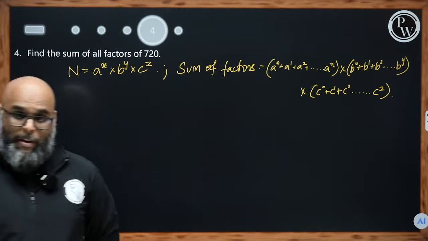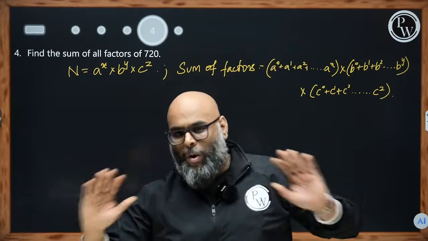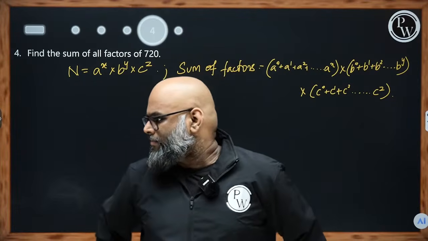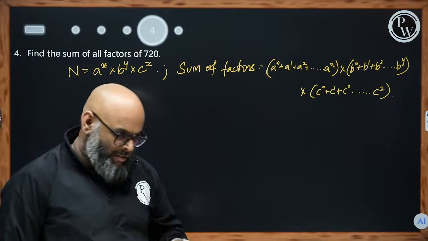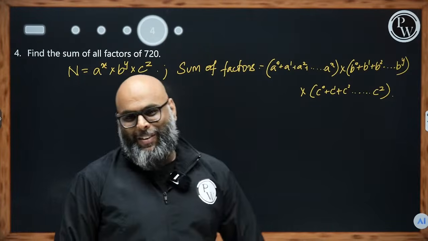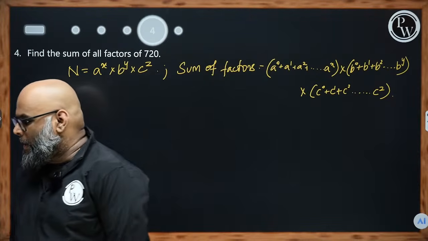That will be the formula. I am not only telling you the formula, I'm also telling you why. Any doubts? Now I'll give you 2 minutes. Find the answer for 720. What will be the answer for 720?